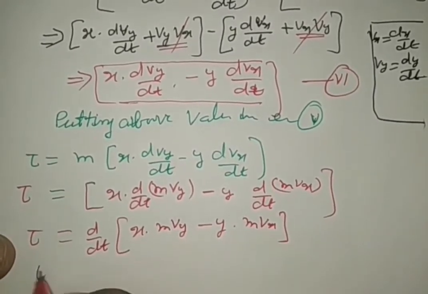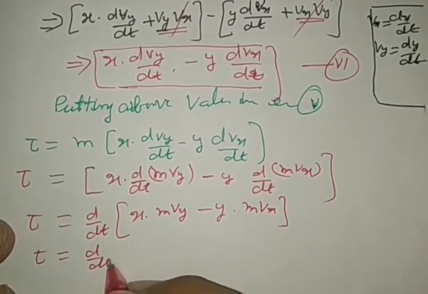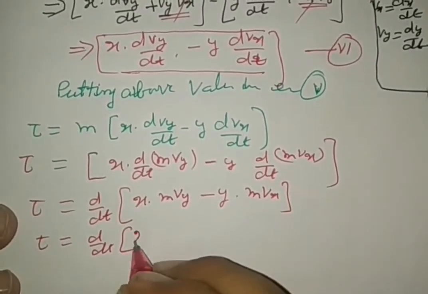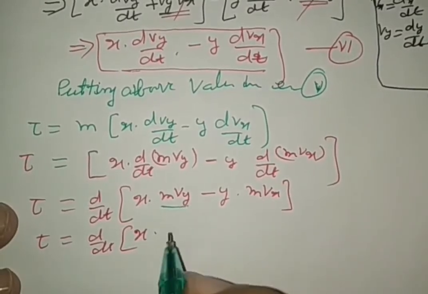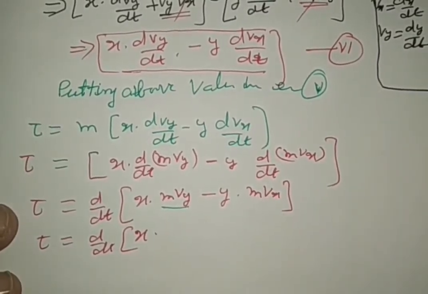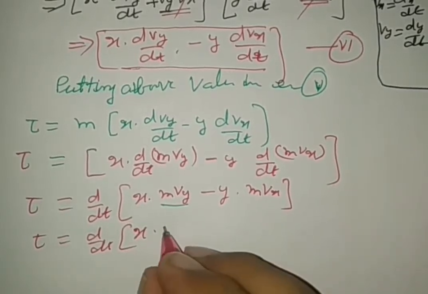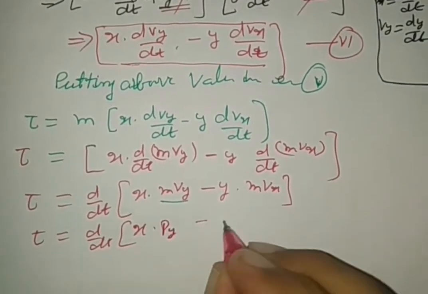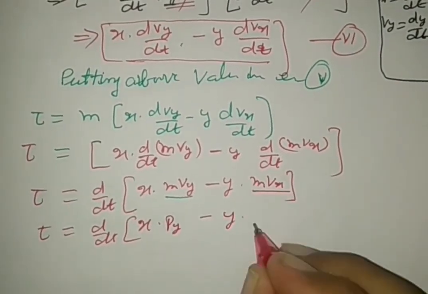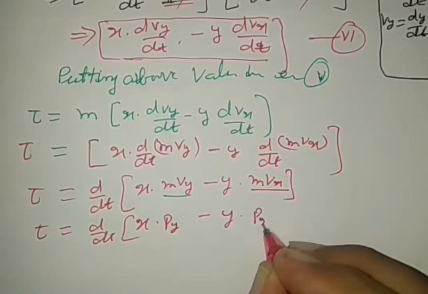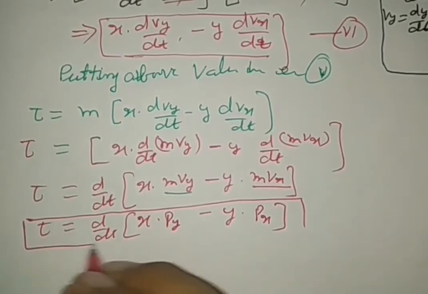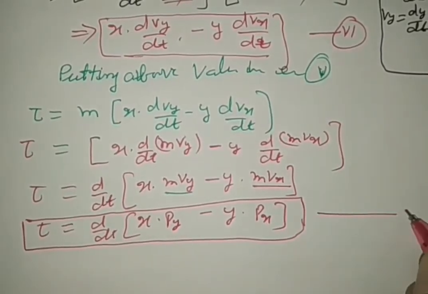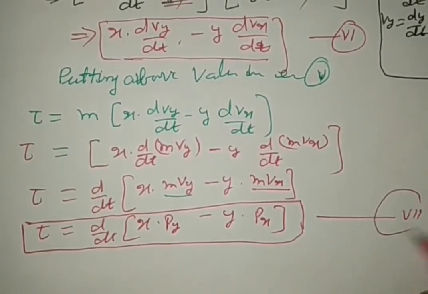Or it can be written as d by dt of x dot, see this, mvy, it is momentum along the y-axis, minus y dot, see, it is momentum along the x-axis. This is equation number 7.